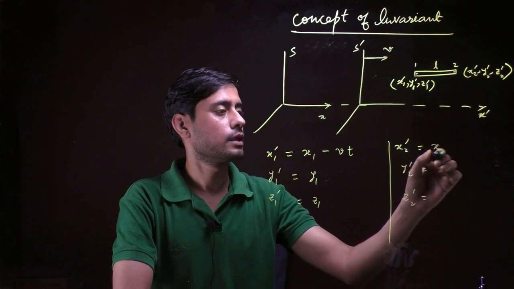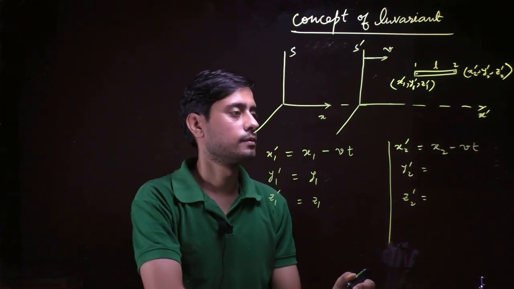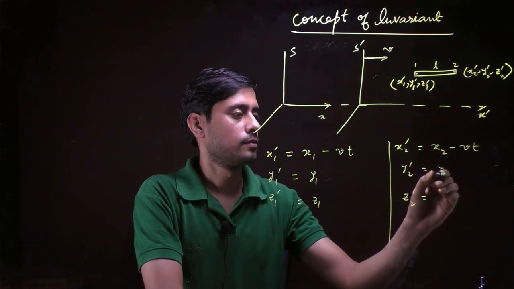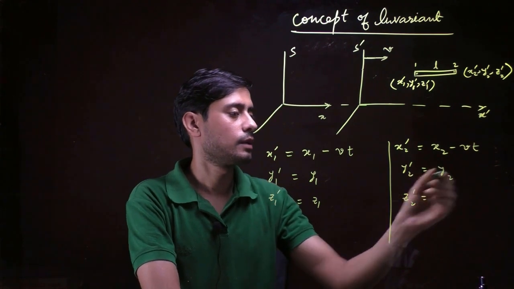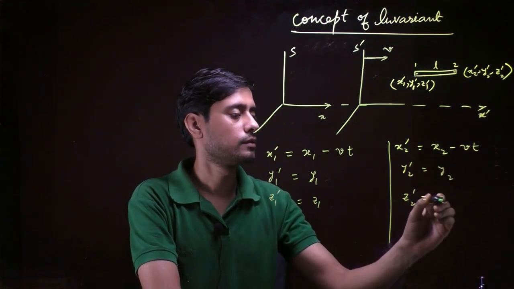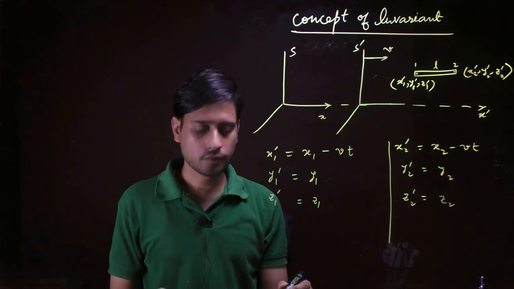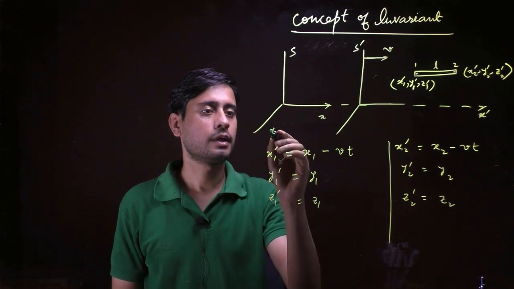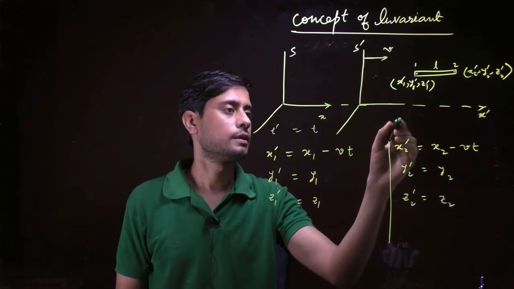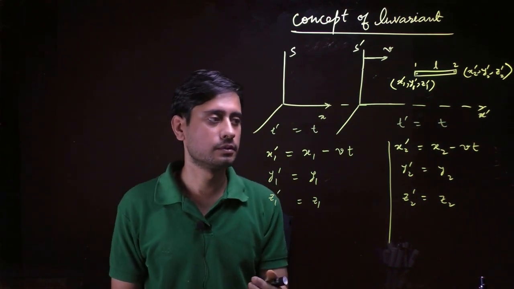This will be equal to x2 minus vt. y2 prime remains y2 and z2 prime remains z2. And t prime will be equal to t for the two ends.